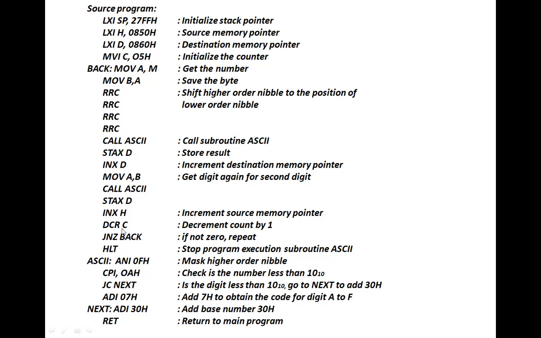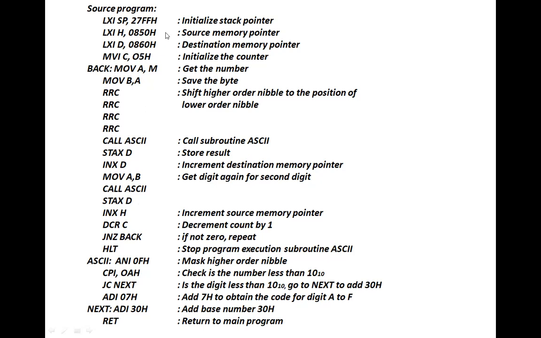So first of all, 0 has been converted, and the result is stored in the form of 31, which is available in the accumulator, and it is stored at the location 0860.